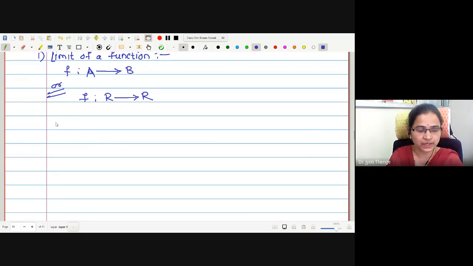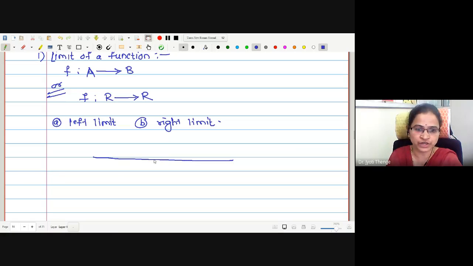When we say that the limit of a function exists, there are two types of limit actually. First is the left limit, second is the right limit. Whenever we are considering the limit of a function at a point A on the real line, there are two ways to come towards the point A. One approach is from the right, for whatever points we have on the right of A, we have to make something minus so that we can come towards A. Similarly, we can come from the left side.